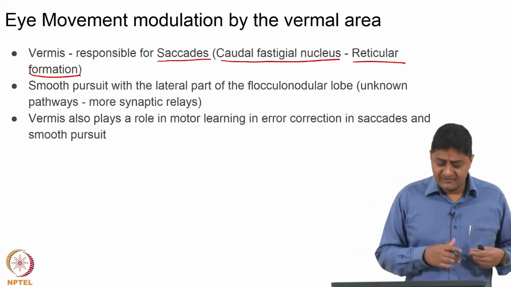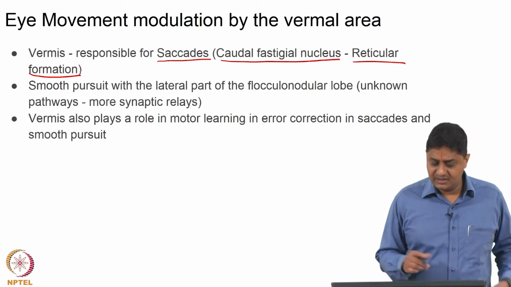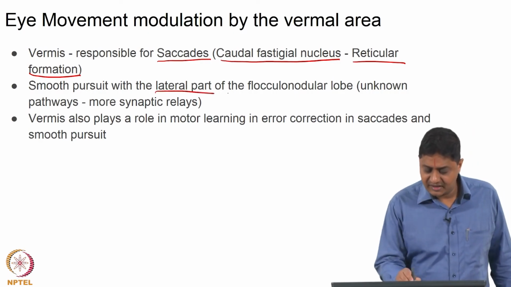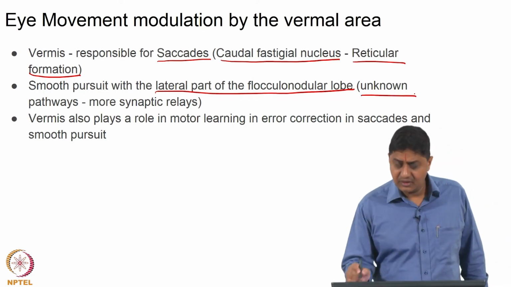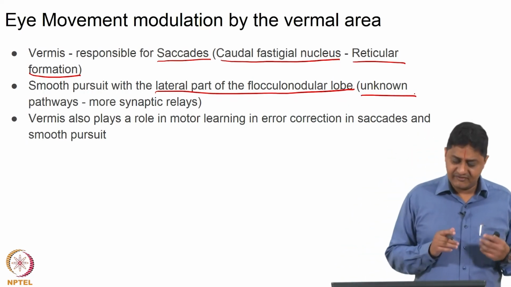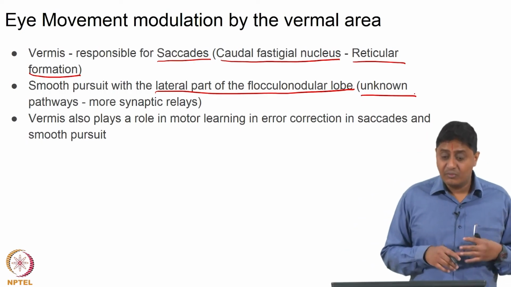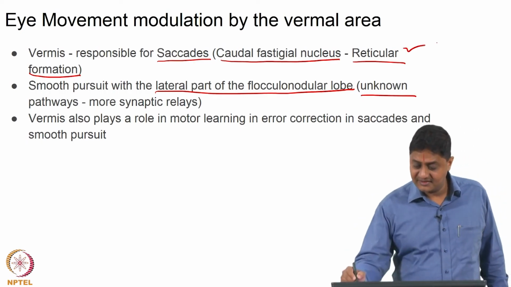Also, we saw in the previous class that smooth pursuit is performed with the help of the lateral part of the flocculonodular lobe. The exact pathway remains unknown, but at least what is known is that there are more synaptic relays than in this case.